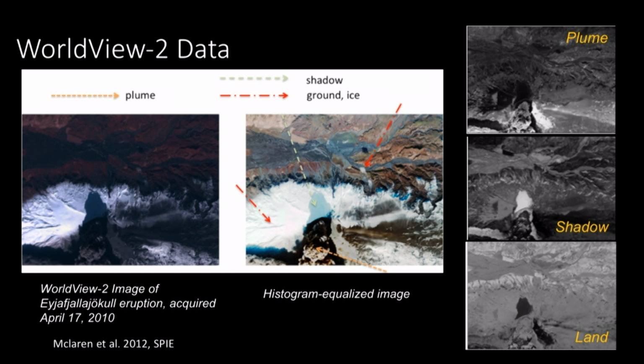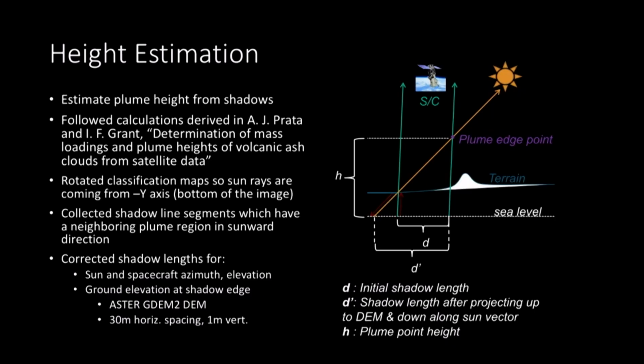And then we use machine learning to, in effect, create new sensors. In this case, we train the classifiers to look at volcanic images and pull out the plume, the shadow, and the land. Then we use geometric information about the location of the spacecraft and the relative location of the sun, the illumination, and we use geometric reasoning to figure out how high the plumes are based on the size of the shadows.